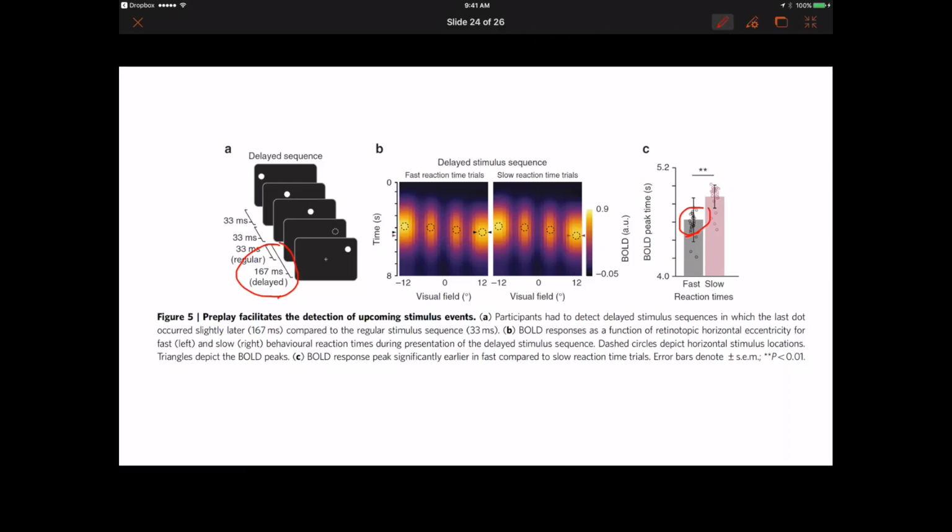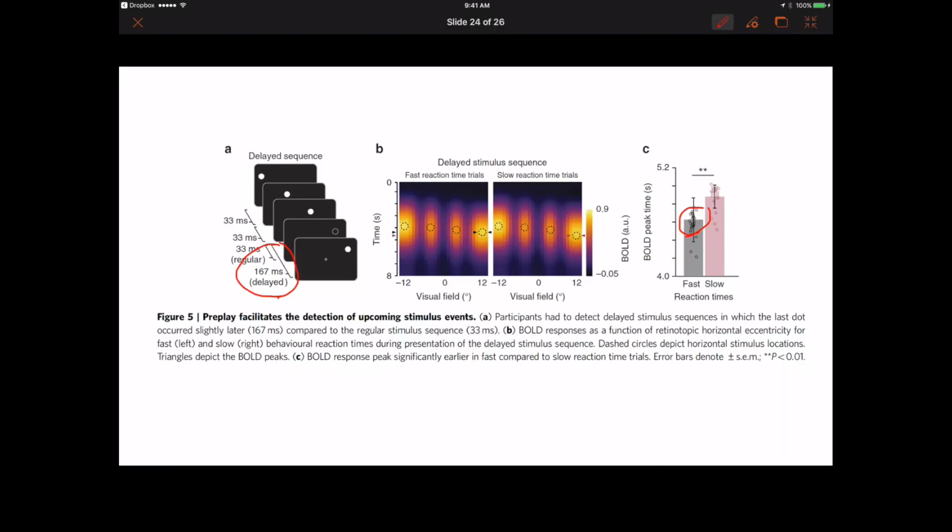In other words, the brain is more accurate in predicting not only the sequence, but it's also more accurate in the local prediction as to where the signal has occurred on the retina, correcting for the error introduced by the experimenter here in this case. So accuracy and time are both improved by this pre-play phenomenon in V1 of the retina.